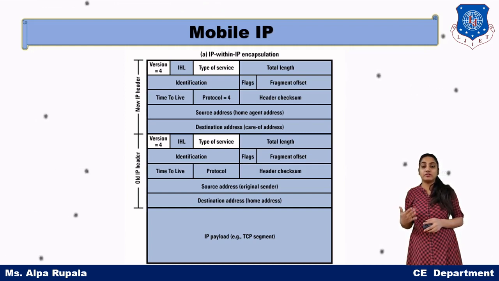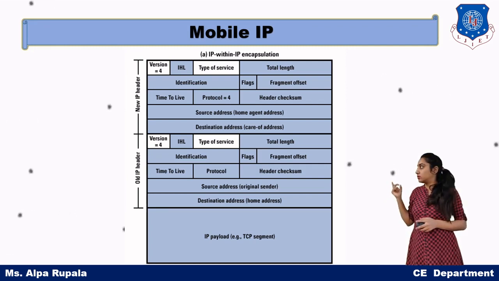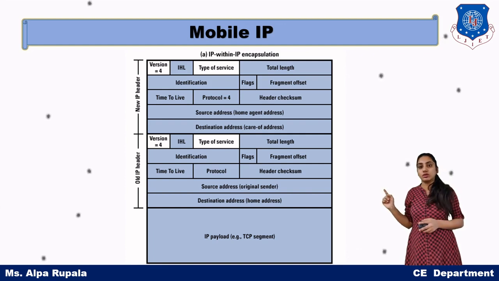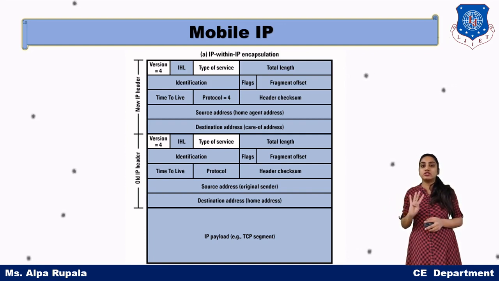Any router will identify it by the protocol value in the header. If the protocol value is equal to 4, then the packet is an IP within IP packet, and the foreign agent must discard the outer header before sending the data to the mobile node.